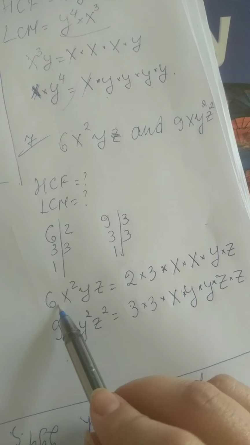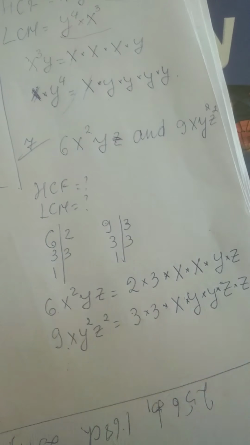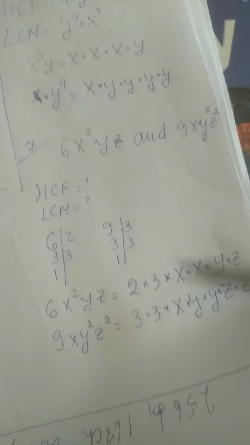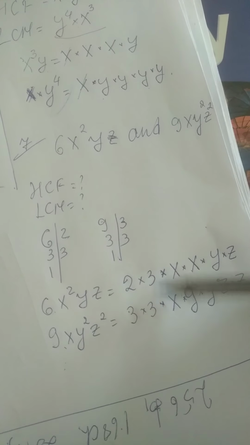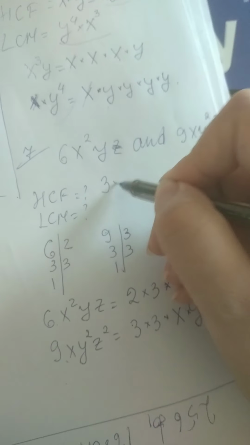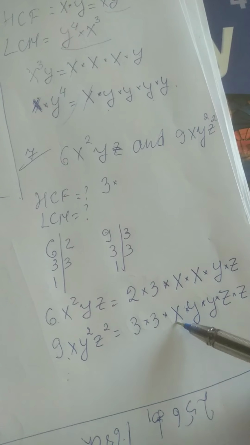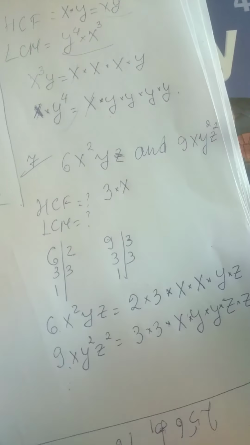So the HCF, for the HCF, we need to find what? We need to detect the same factors. Look at here, 2 and 3, different, we don't need. 3 and 3, oh, it's the same thing. So we need to take 3 multiplied by what? X and x is the same thing, again, same factors. We need to take 3 times x.